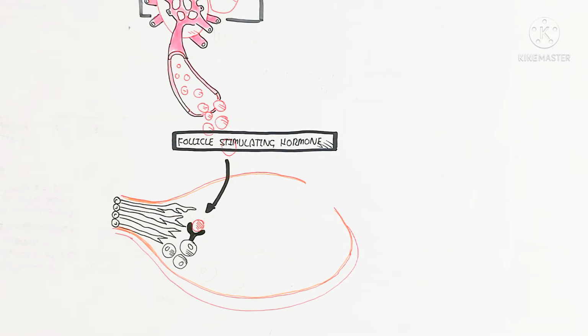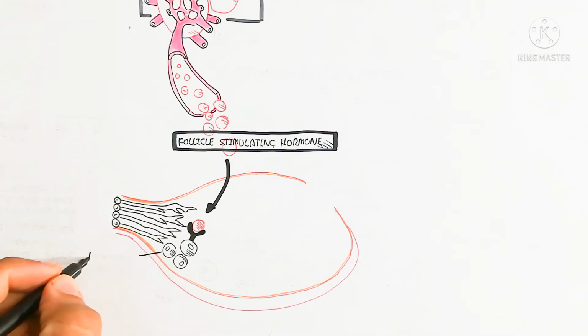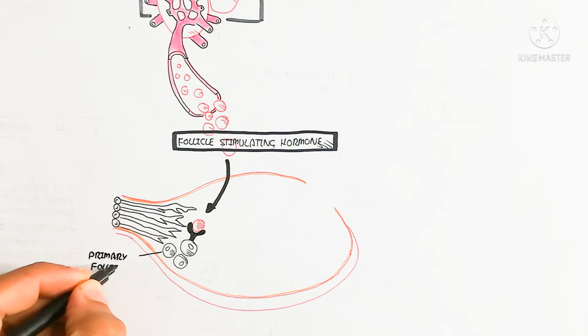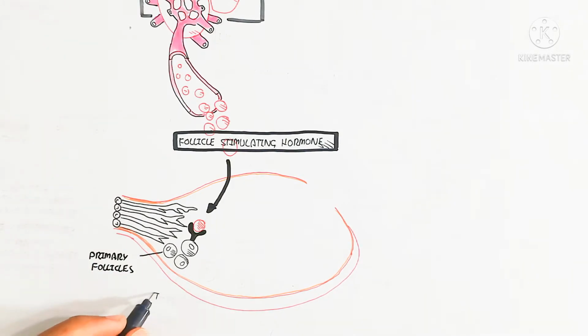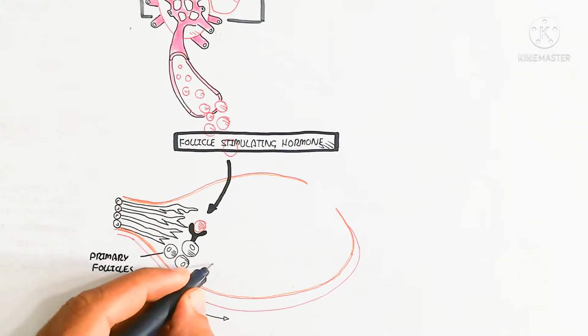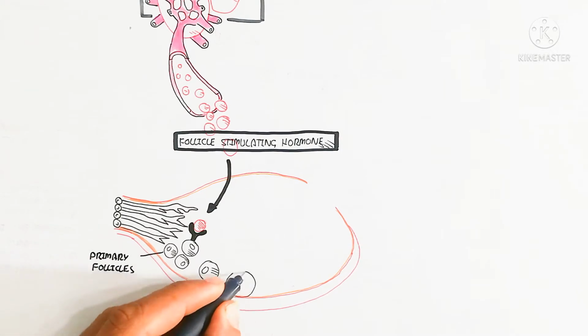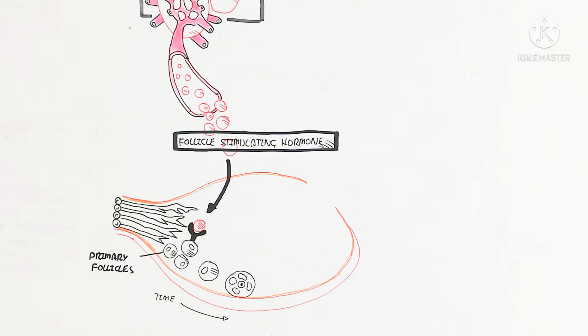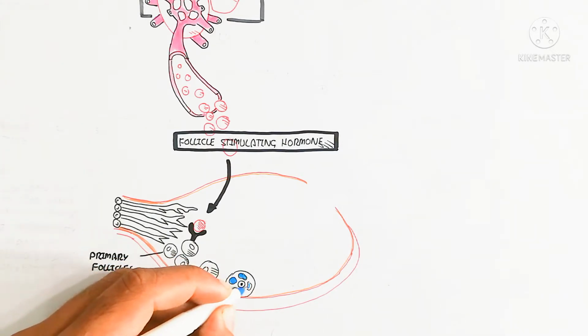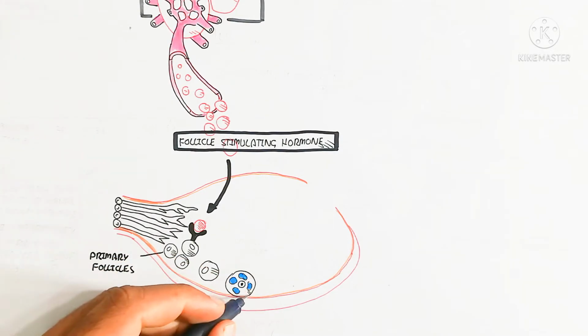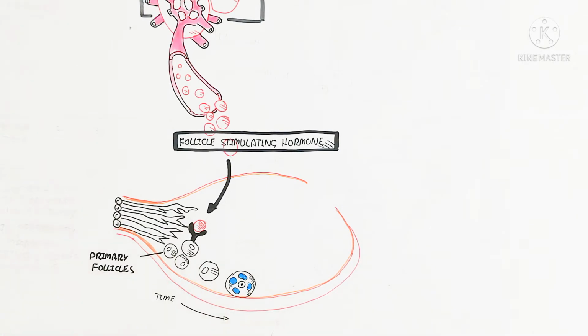This follicle stimulating hormone binds with the primary follicles containing the follicle stimulating hormone receptor, and when it binds, the follicle proliferates. Each menstrual period will stimulate only one follicle.